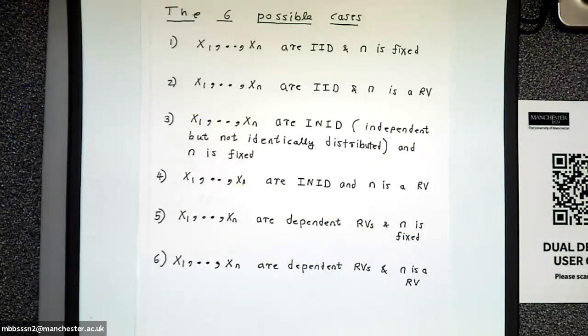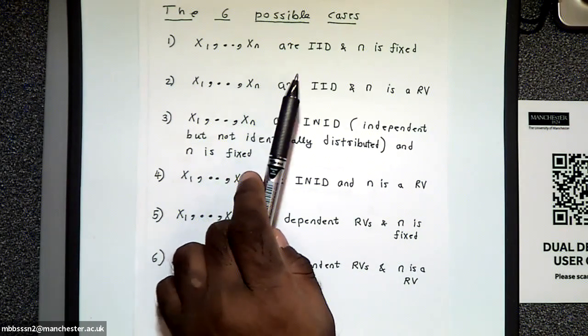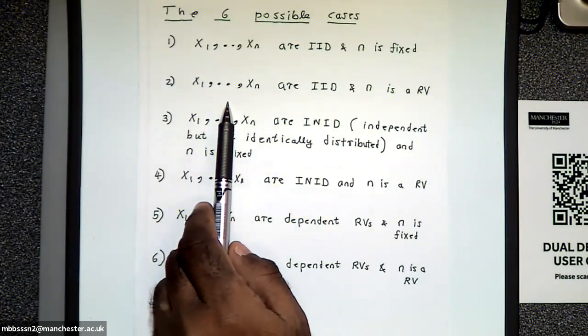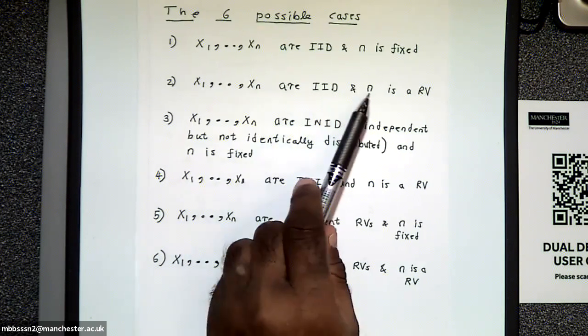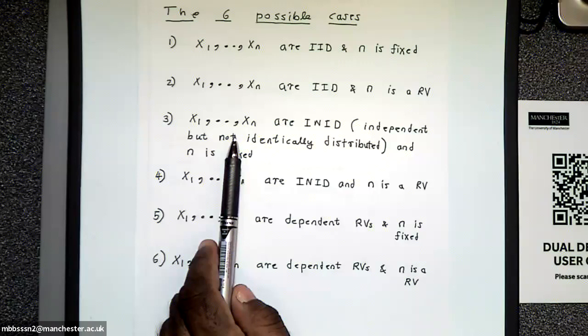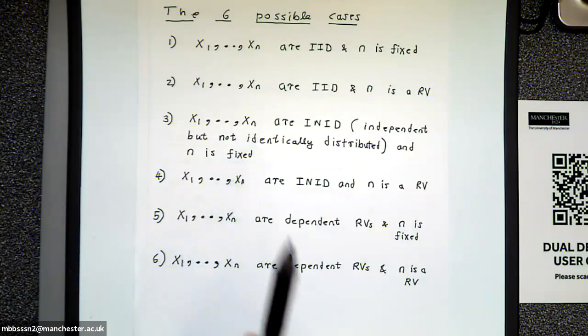Okay, right. So these are the 6 cases. The first case is where the losses are IID and the number of investments is fixed. The second is the same, but the number of investments is a random variable. The third is where the losses are INID, which means independent but not identically distributed, and the number of investments is fixed.